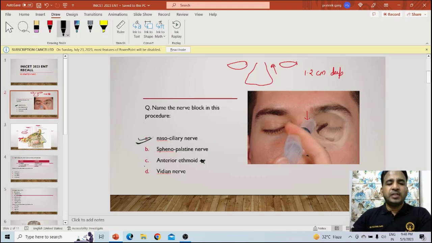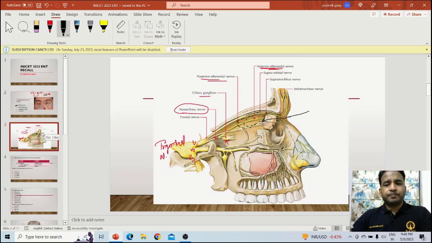If it is not an option, then definitely we can opt for anterior ethmoidal nerve. So if we draw the diagram of the nose, we inject the syringe going around 1.2 centimeter deep, then put the anesthetic drug and it will anesthetize the nasociliary nerve and its branches. Not so difficult, it is quite a simple question.